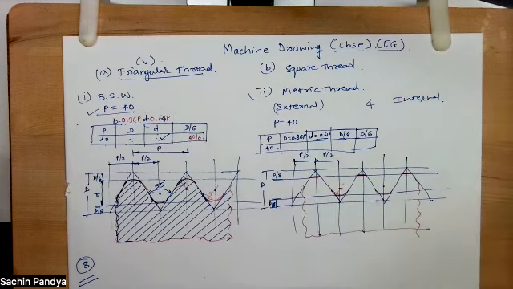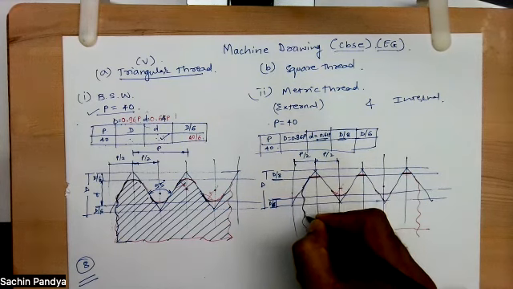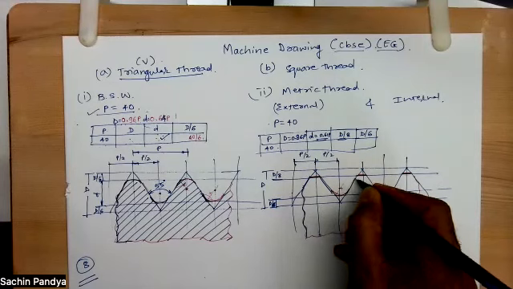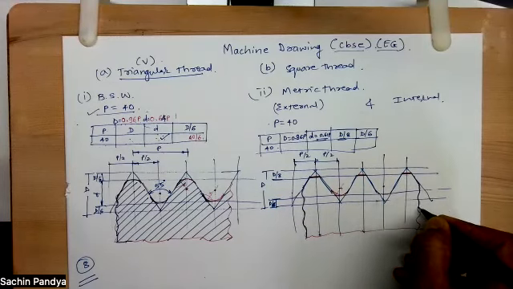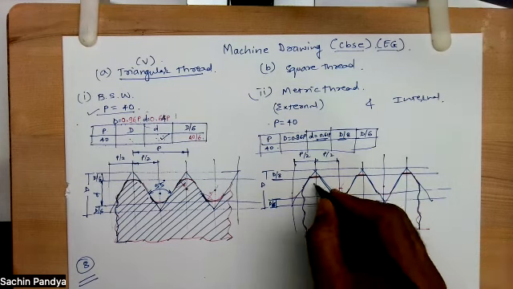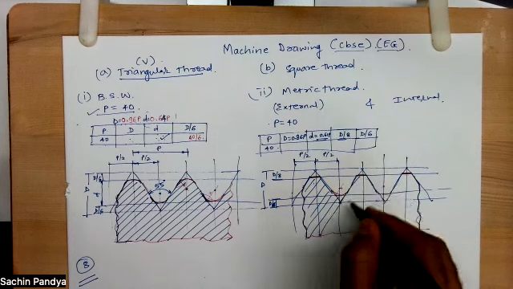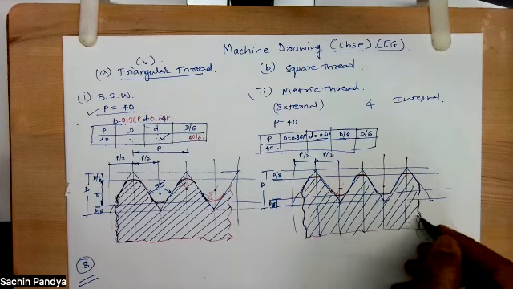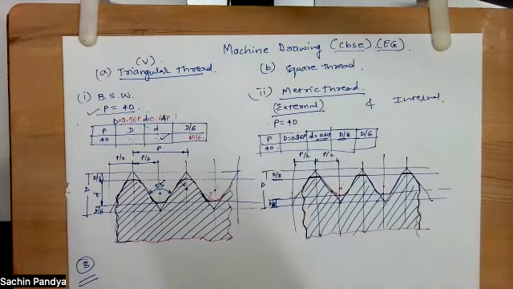I want to focus on this. All of you understood? This is how you will draw the external metric thread. Any doubt in this? This is the external metric thread, right?